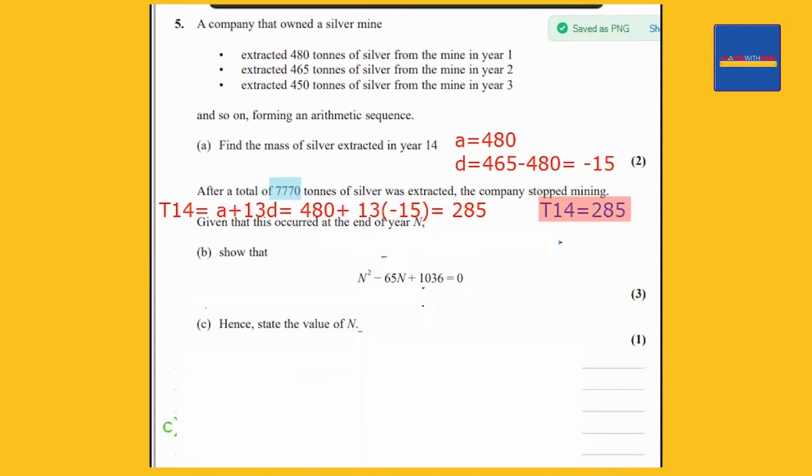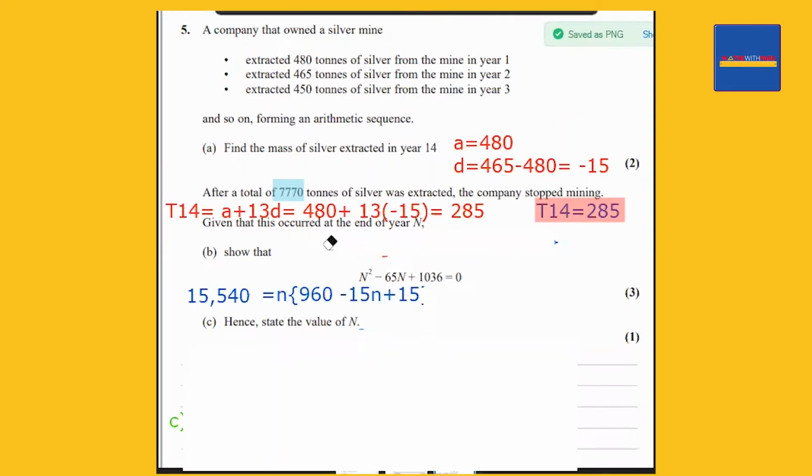So here we go. 7,770 is equal to n over 2 into 2a plus n minus 1 into d. n we don't know, but we do know what a is. So we write n over 2 into 2 into 480, plus n minus 1 into d, and d is minus 15.